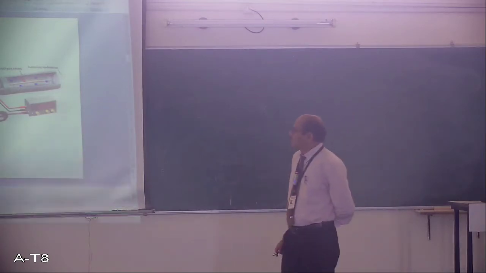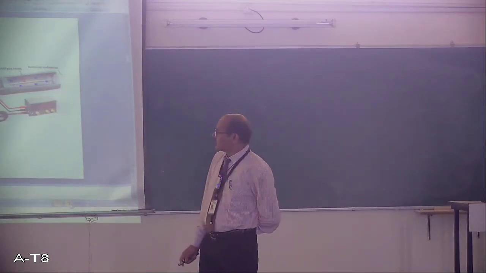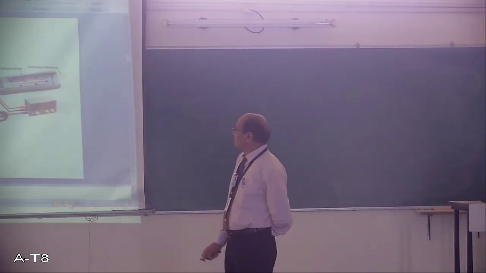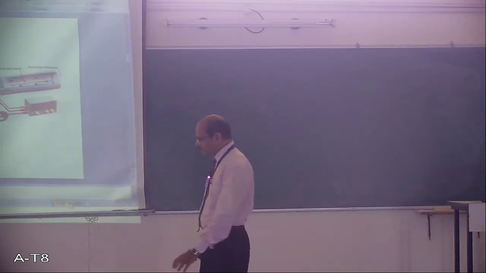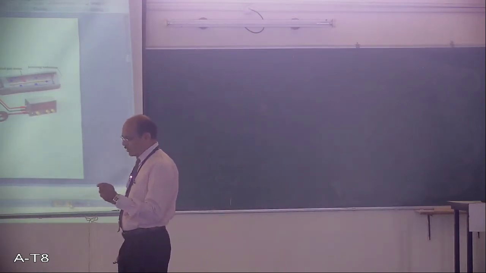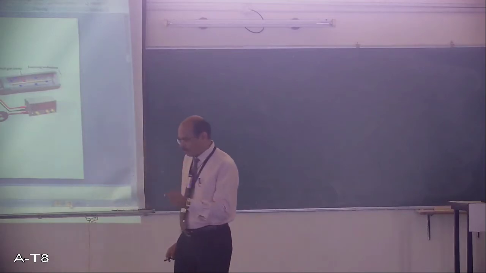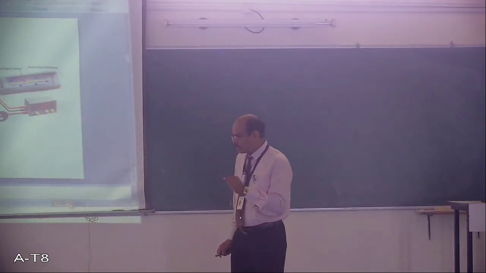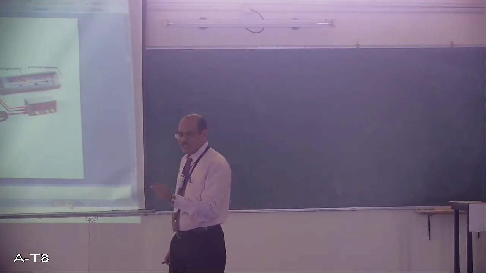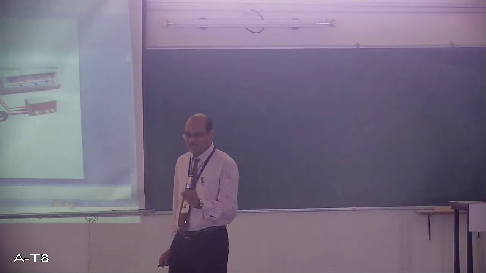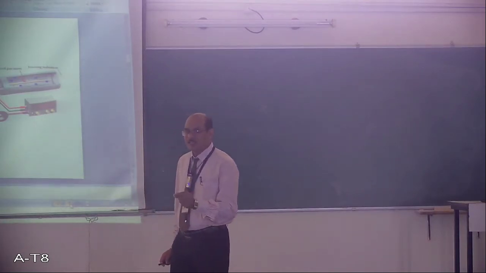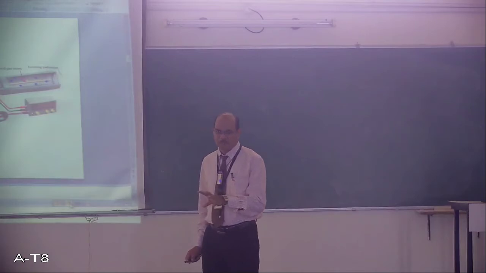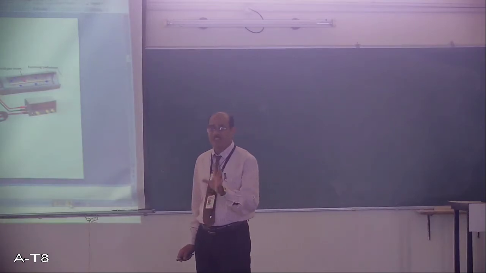Now let us discuss the working of this. The working of the GM counter is based on the technique that when a radiation particle, a nuclear particle with high energy, is incident on a gas atom, it ionizes the gas atom.